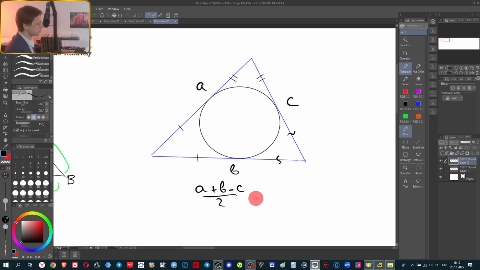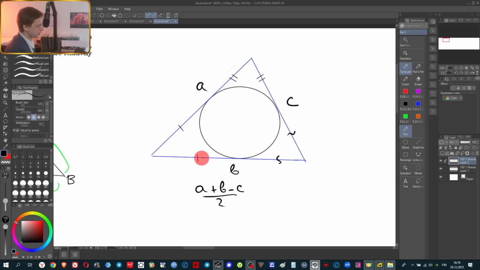It's very easy to understand why it works. Look, A consists of these segments, this one and this one. B consists of this segment and this segment. If you add A and B, the sum consists of 4 segments. This segment, this one, and this one. If you subtract C from these 4 segments, this one will be taken away and this one will be taken away.